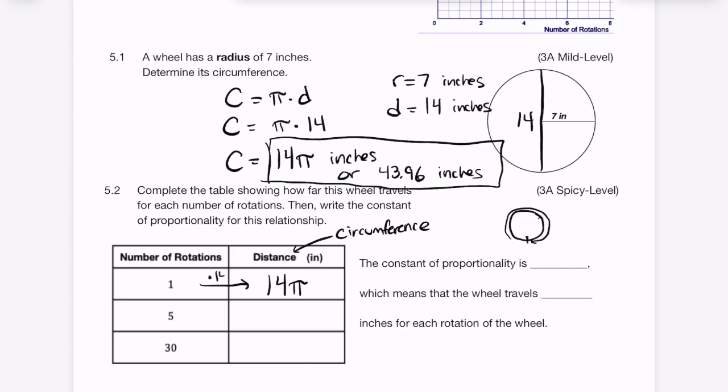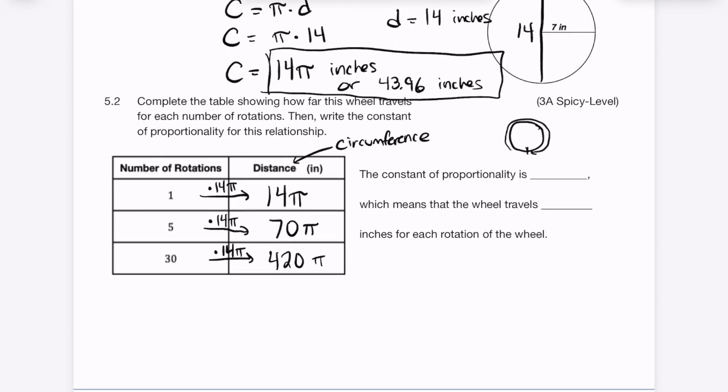We multiply by 14 pi. So here, if we have 5 rotations, we're going to multiply that by 14 pi. 5 times 14 is 70, so this becomes 70 pi. And then you'll do 30 times 14 pi, which will be 420 pi inches.